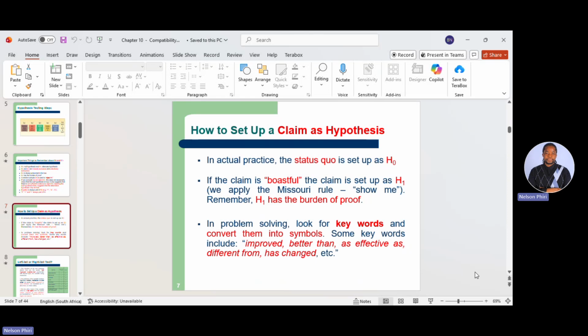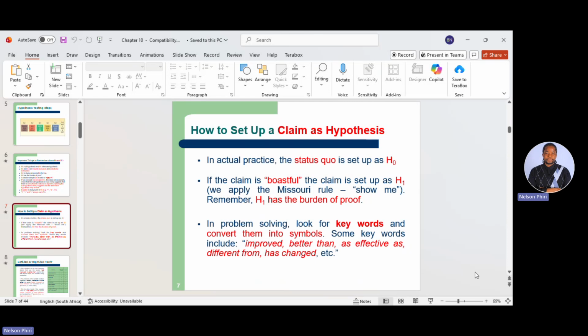Then you do set up your claim. In actual practice, you set up a H naught. Then if the claim is that we are possible, we can set up the claim as H1. So H alternative is the pattern, as I've already said.